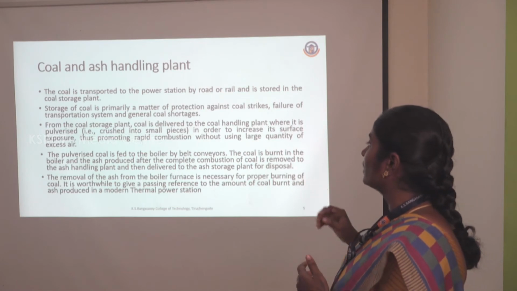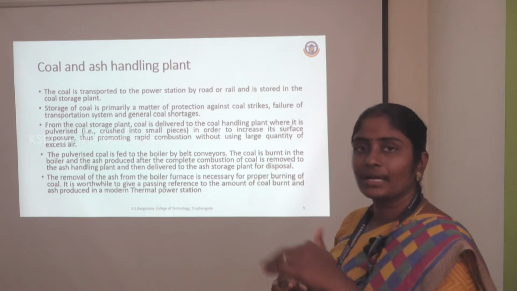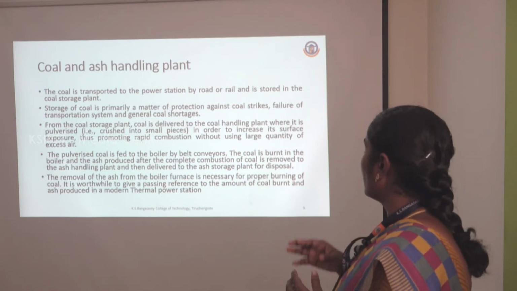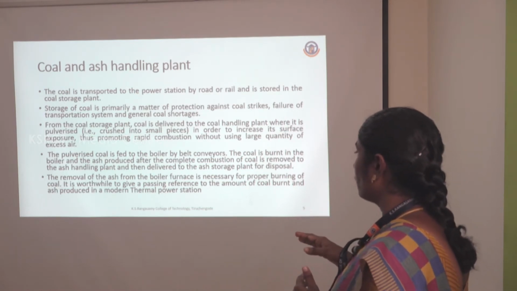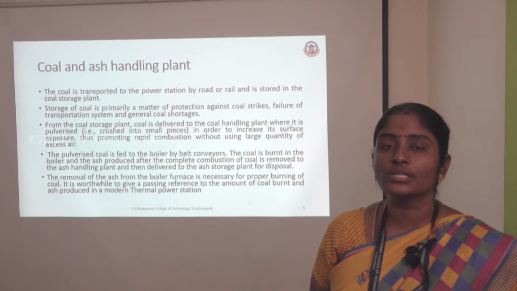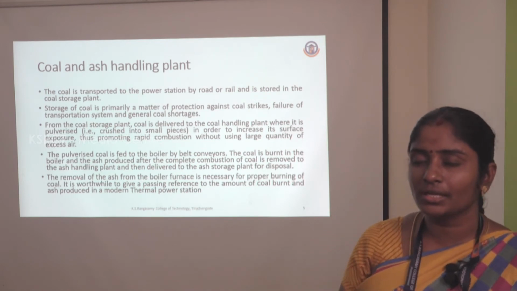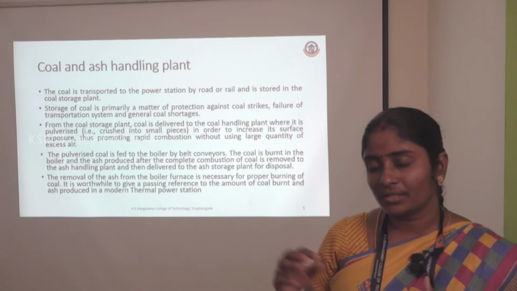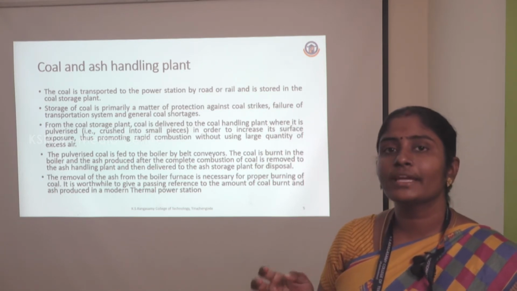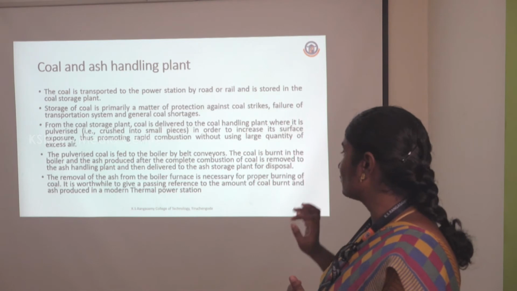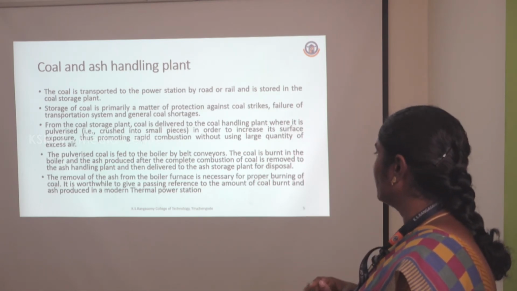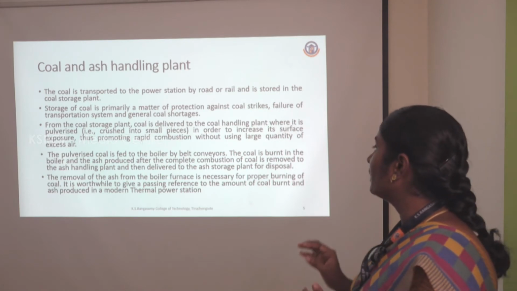This pulverized coal is fed to the boiler by belt conveyors. The coal is burnt in the boiler and ash is produced. After the complete combustion of the coal, the ash has to be removed, because the presence of ash in the boiler disturbs the continuous process and delays it. So the removal of ash from the boiler furnace is necessary for proper burning of the coal.